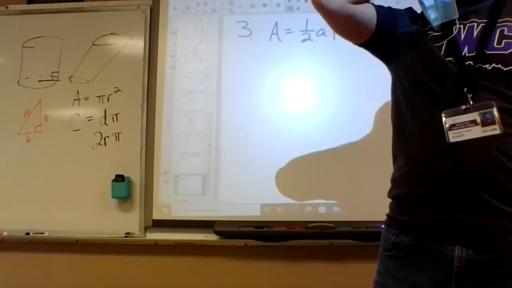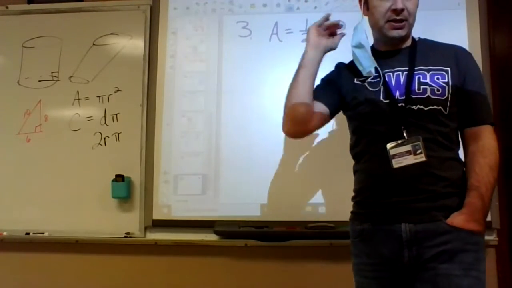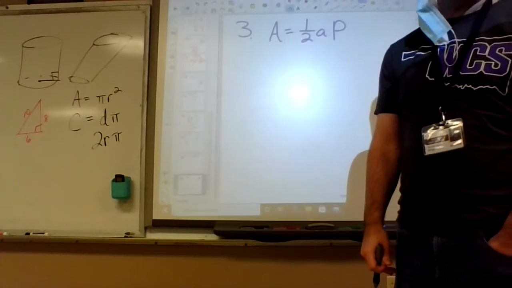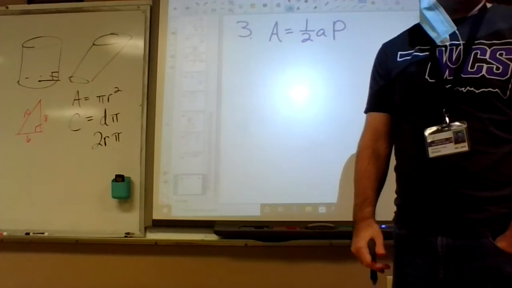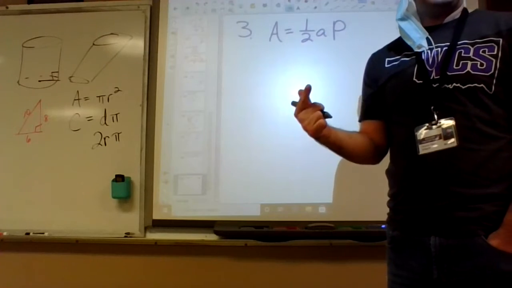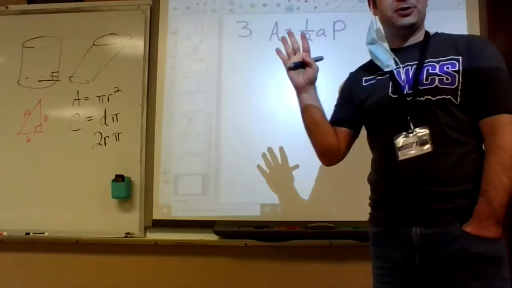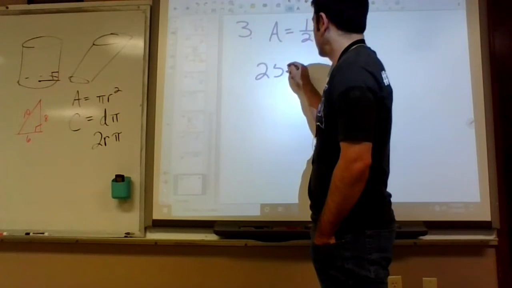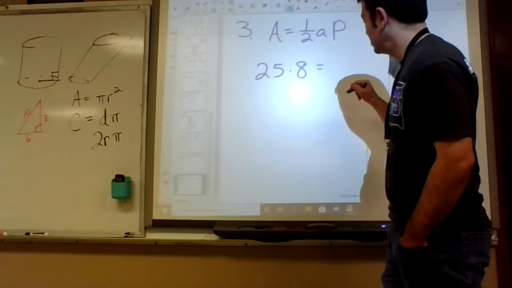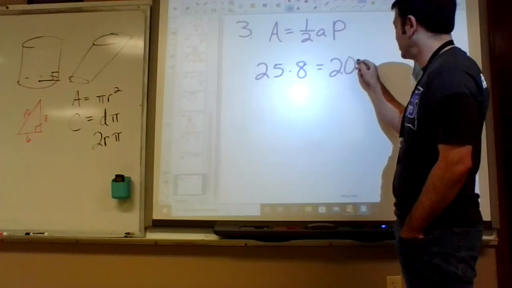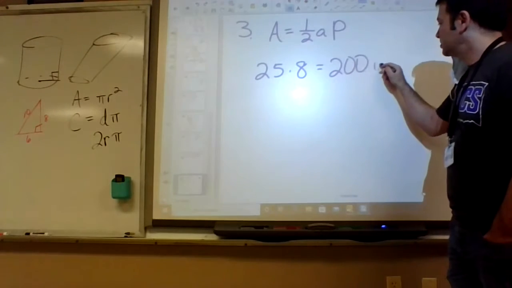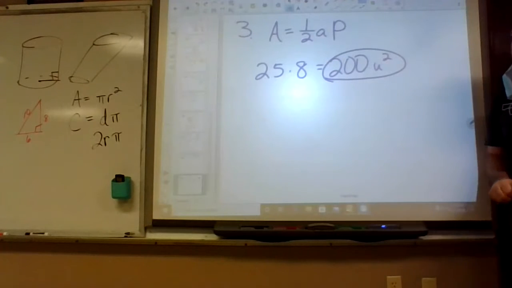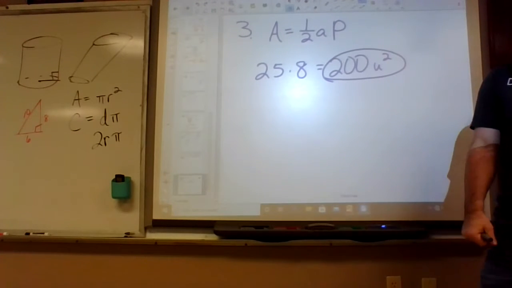It's a pentagonal base, so it's got 5 sides, each 5 long, so 5 times 5 is 25. You take the perimeter, 25, times the height of the prism, 8, and that will give us the lateral surface area. 25 times 8 is 200. So that is answer number 1. What is the lateral surface area? 200 square units.